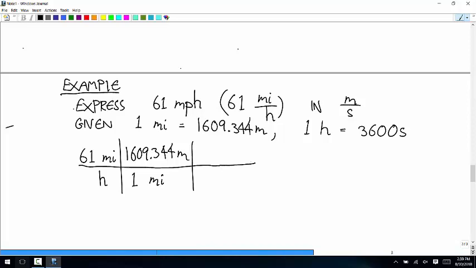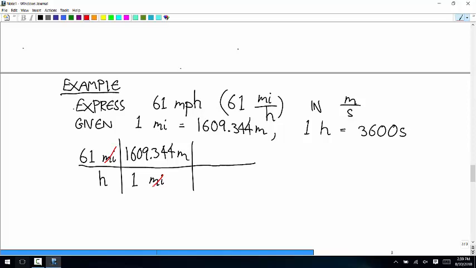And then notice that if we just left it like this, I'm going to cancel these miles with these miles. Now we have our length units in meters like we want. It's just the hours we haven't adjusted yet. So if we multiply these numbers out, we have the answer in meters per hour.